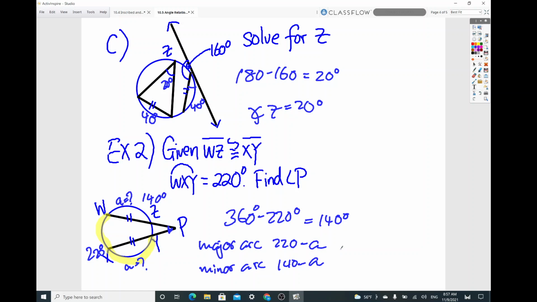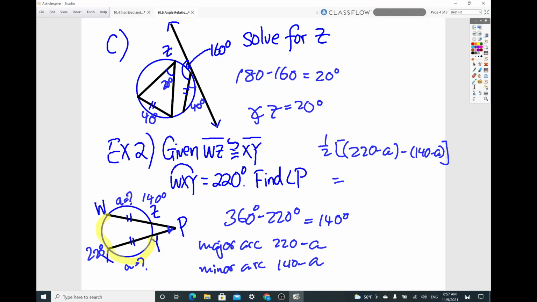Okay? So again, to find the measure of the external angle, it's always the major arc minus the minor arc, divided by 2. So 220 minus A, subtract 140 minus A. Then we take half of the whole quantity, because angle P is the external angle.